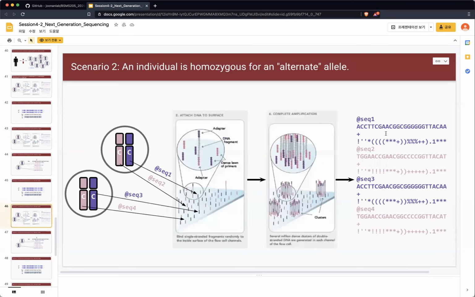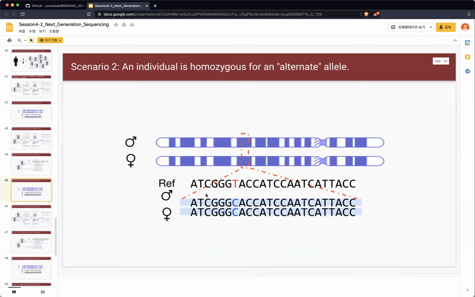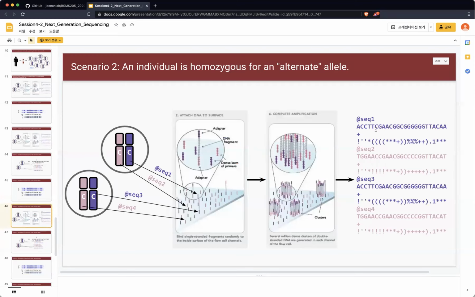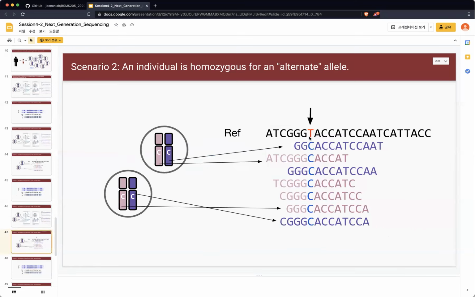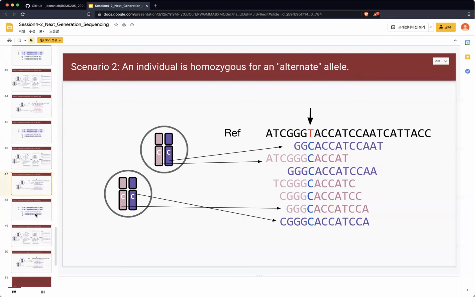So this is again for all the information here. But the only difference is ATC, GGGT, ACC, TTC here, right? C on here, C on here, right? Then once you align that, it only has the 7 C, right?